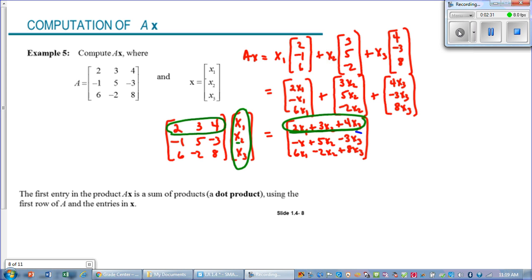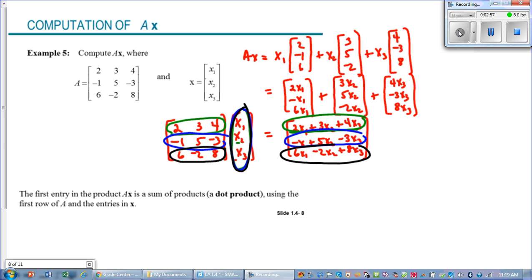Likewise, the second entry in the product was just the second row times the vector x. So negative 1 times x1 plus 5 times x2 minus 3 times x3. And the third entry in the product was just a product of entries in the third row with this vector.